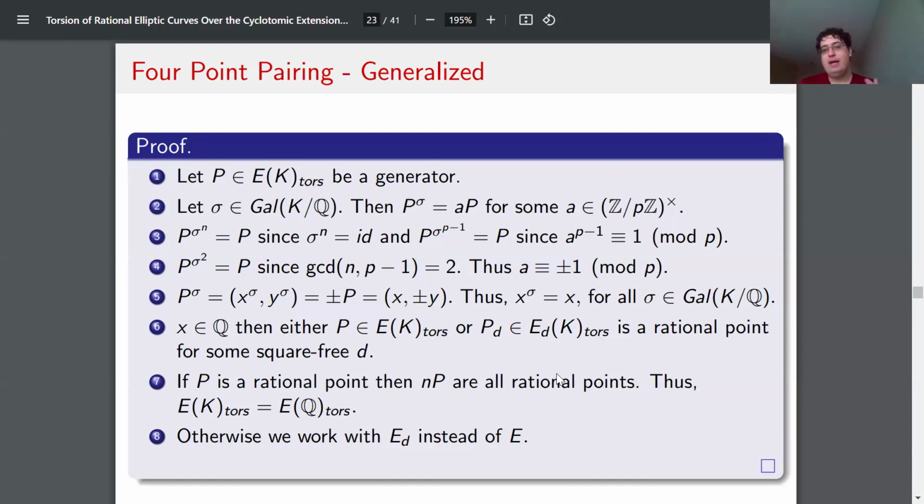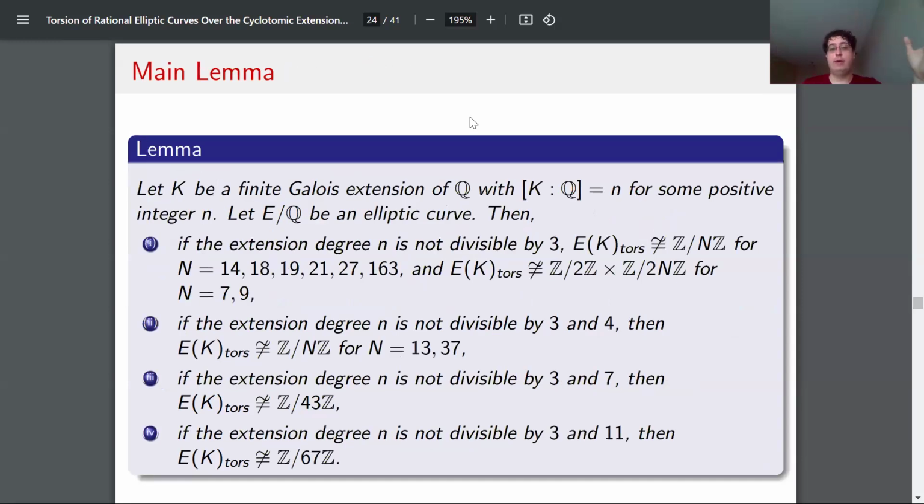Then either y is rational, and if so, P is a rational point in E(K). If not, then the image of my point is a rational point on some quadratic twist, so I can work with that. Again, P generates the torsion group. It's a rational point, then all points are rational points. Again, if this doesn't work on E, I work with some quadratic twist. So that's again showcasing two ways to use the result, the Galois action.